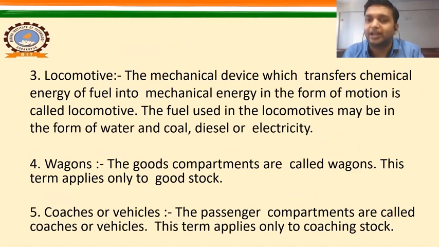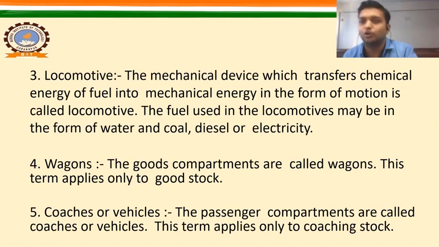A locomotive is a mechanical device which transfers the chemical energy of the fuel into mechanical energy in the form of motion. The fuel used in the locomotive may be in the form of water, coal, diesel or electricity.